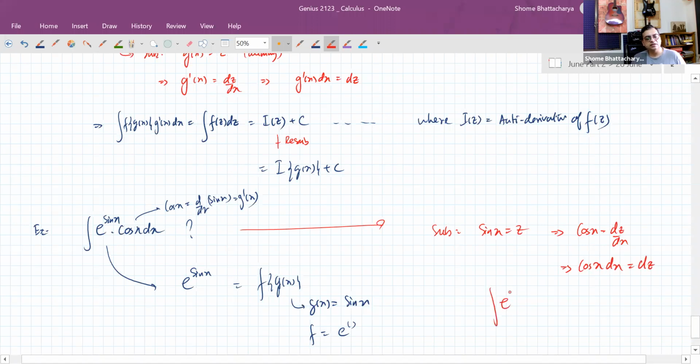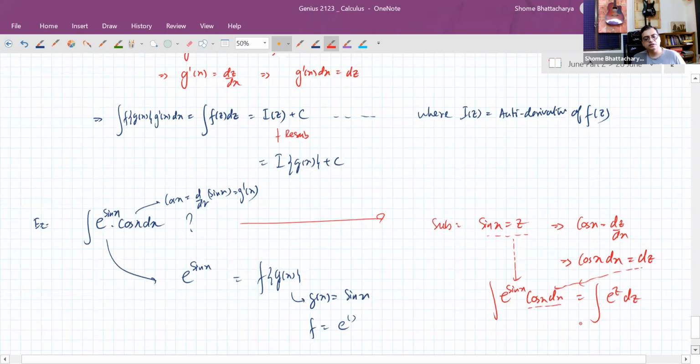So the integral e raised power sine x into cos x dx: sine x becomes substituted as z, and cos x dx becomes substituted as dz, this whole term. So this becomes e raised power z dz. That becomes a very simple integral.